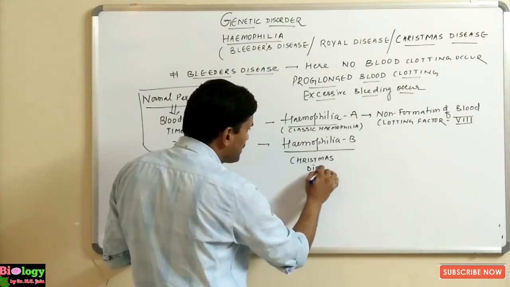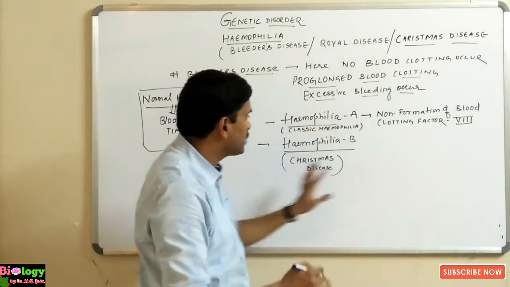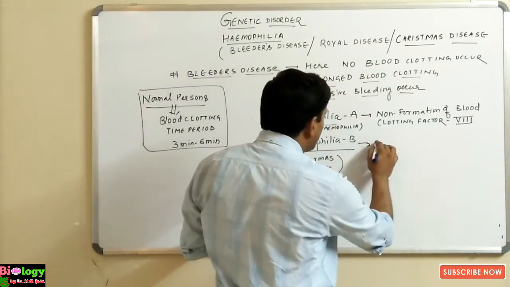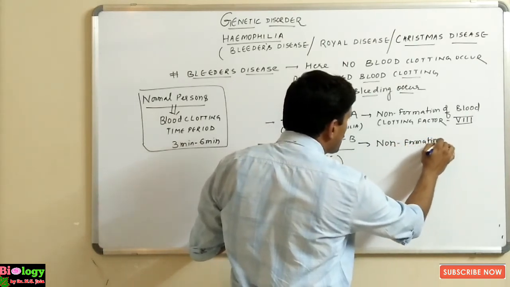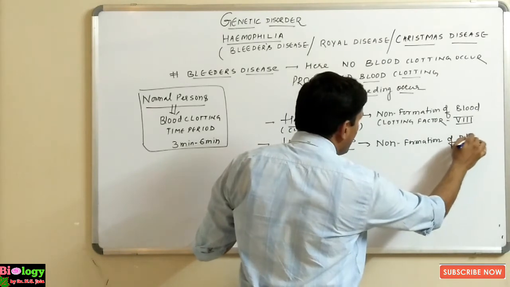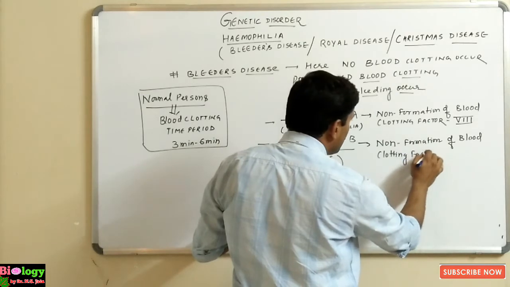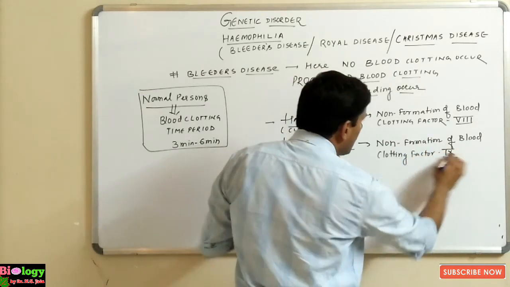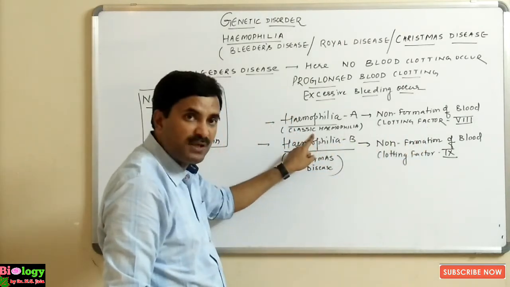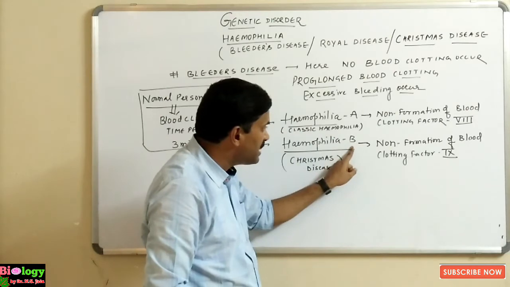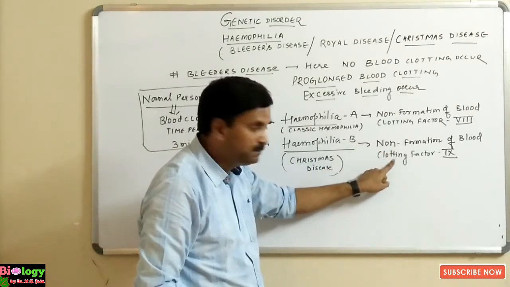Hemophilia B is caused due to non-formation of blood clotting factor 9. Because of the non-formation of blood clotting factor 8, hemophilia A is caused, which is known as classic hemophilia. But hemophilia B is caused due to non-formation of blood clotting factor 9.